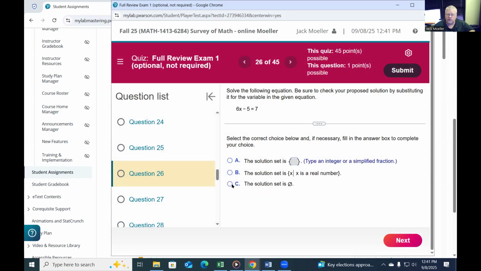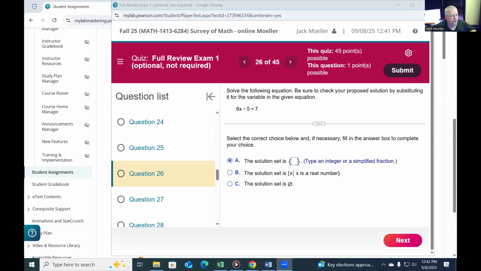The option C that says the solution set is the empty set, which means there is no answer. Again, we're not dealing with B or C for this class. This is more college algebra level equations. So for all our equations, you should be selecting A and then telling me what the answer is. If you select B or C, that pretty much guarantees that you got it wrong.